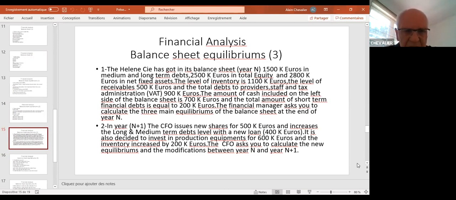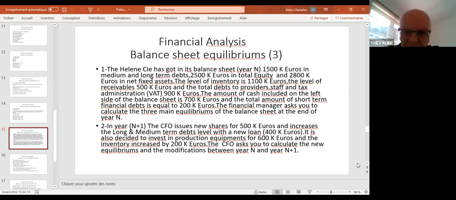The airline company has got in its balance sheet, year N, 1,500k euros in medium and long-term debts, 2,500k euros in total equity, and 2,800k euros in net fixed assets. The level of inventory is 1,100k euros. The level of receivables is 500k euros.